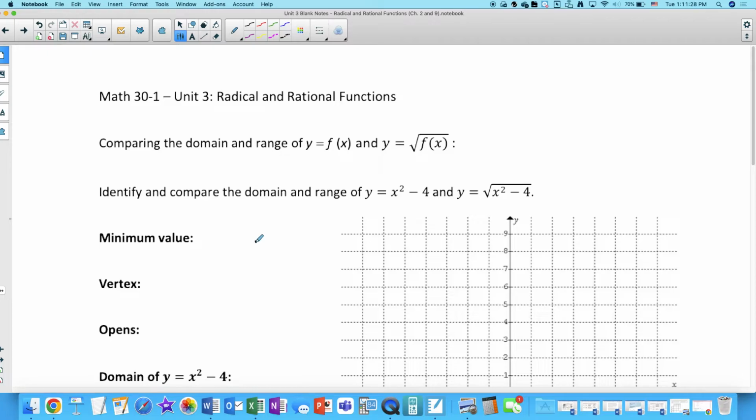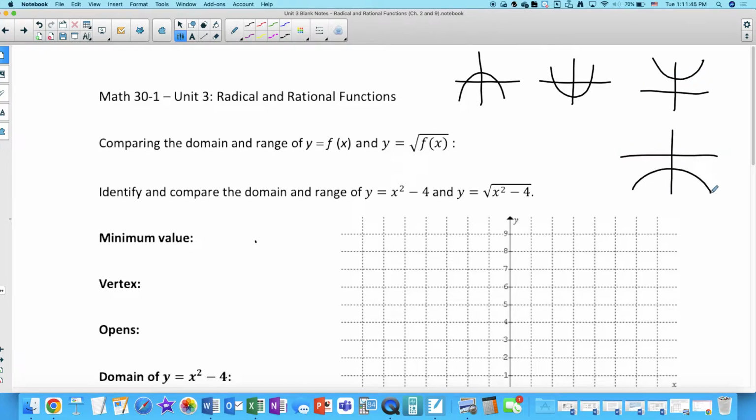So if you think about where the function is positive, you could have this, you could have this, you could have this, you could have this. Those are all different places where the quadratic function can be graphed on the coordinate plane, right?